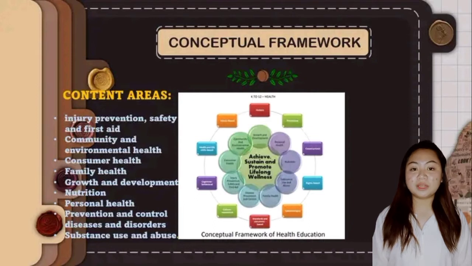Next is family health. Of course, it covers information on the human life cycle and also on family dynamics that influence an individual's development of ideals, values, and standards of behavior with regard to sexuality and responsible parenthood.